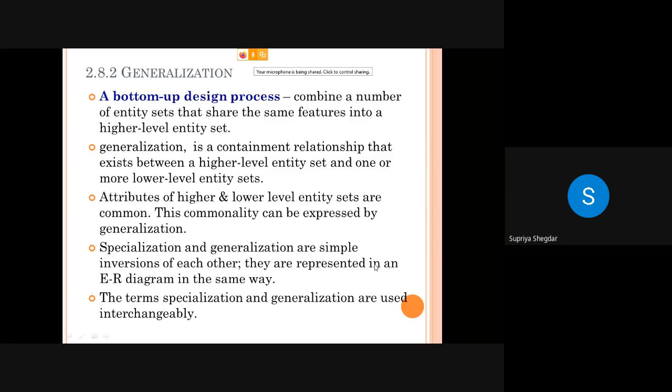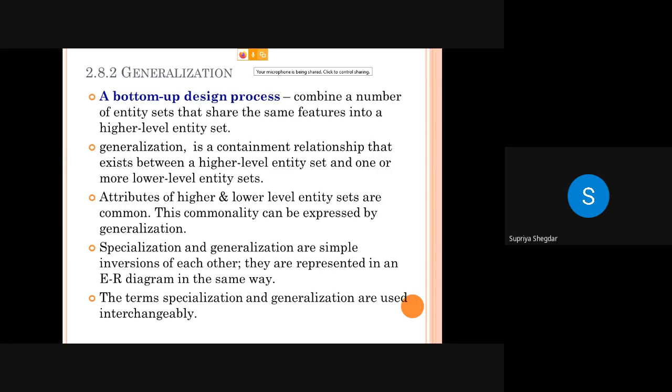Now the next one is the generalization. So the generalization is the opposite of the specialization. That is, the generalization is nothing but the bottom up design process. Okay, means in the generalization, we combine a number of entity sets that share the same features into the higher level entity set.